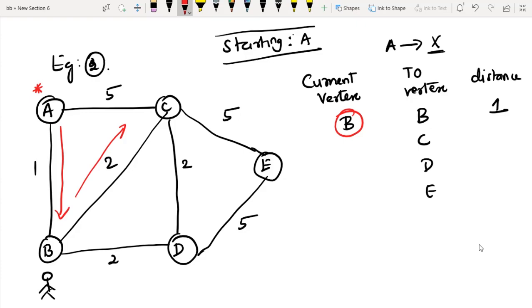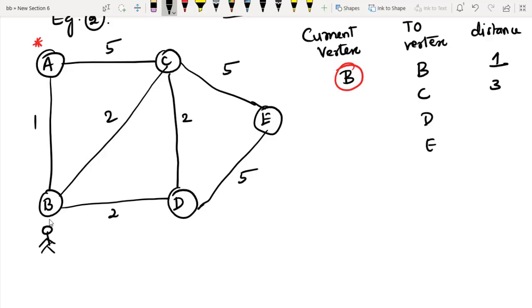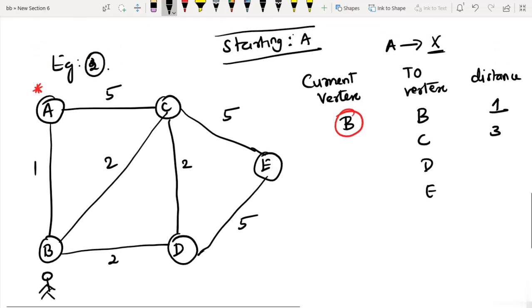That is the distance from A to C. You should go only this way because your current vertex is B. So from A to C, 1 unit plus 2 units, so 3 units must be given. So I am giving 3.